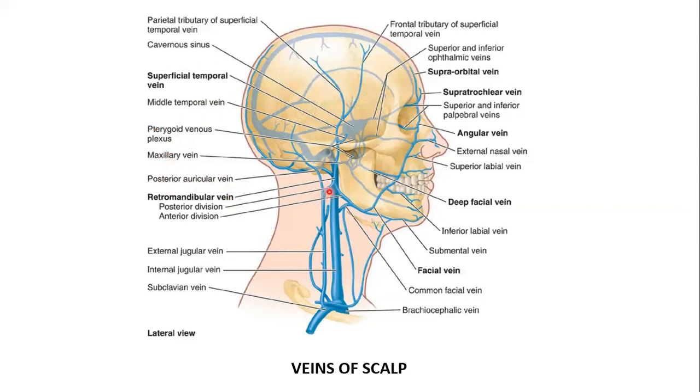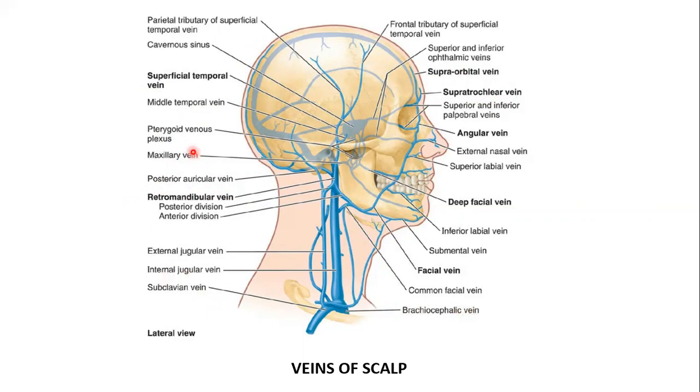The retromandibular vein has an anterior and a posterior division. How they go into the brachiocephalic vein or internal jugular vein, that I will discuss with you in the next topic, venous drainage of this whole region. So in the scalp, you just see the superficial temporal vein, supraorbital vein, supratrochlear vein, and the posterior auricular vein.